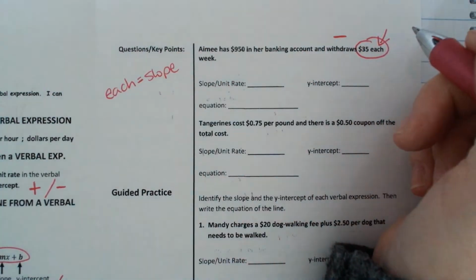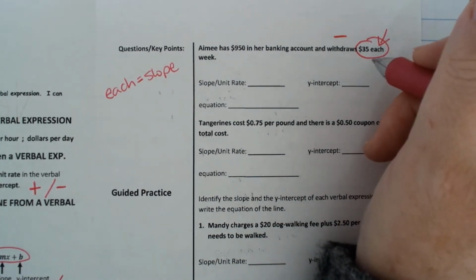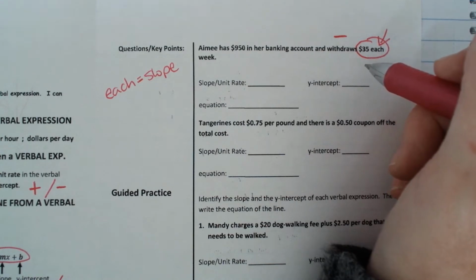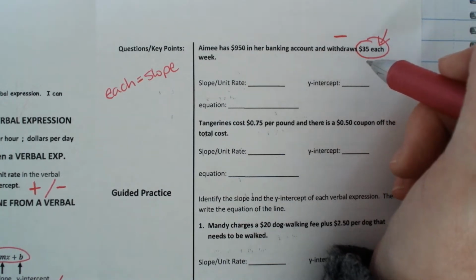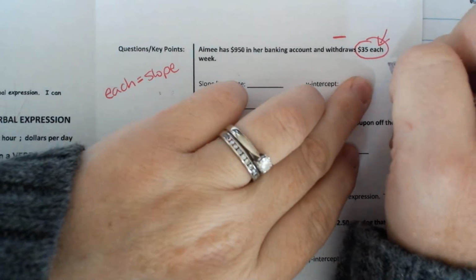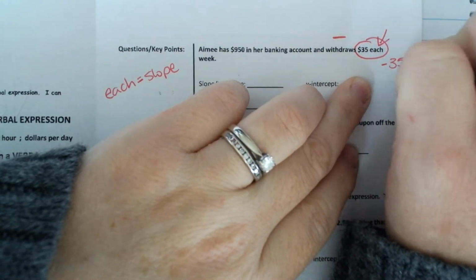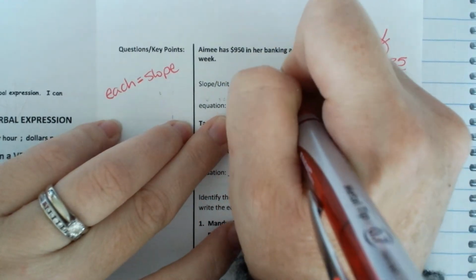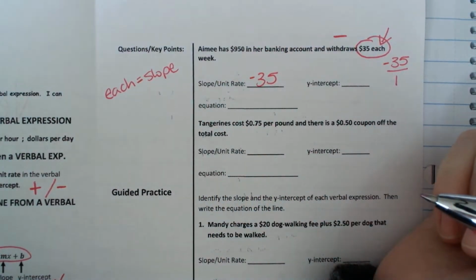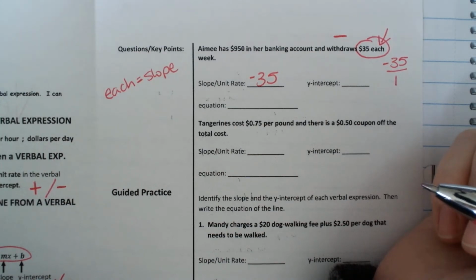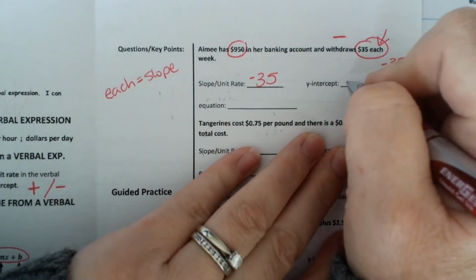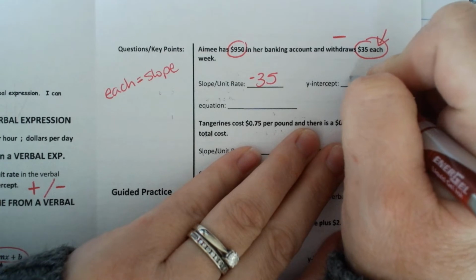I'm subtracting that amount. $35 is the amount, and that's each week. So that means per 1 week. So my slope would be negative 35 per 1 week. So I can just simplify that to minus 35. And then my y-intercept is this amount right here that I already have in my banking account. And that looks like it's a positive 950.